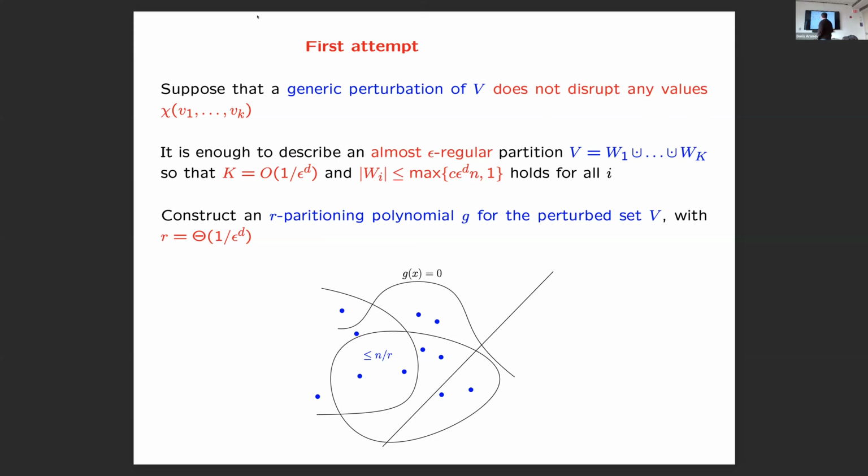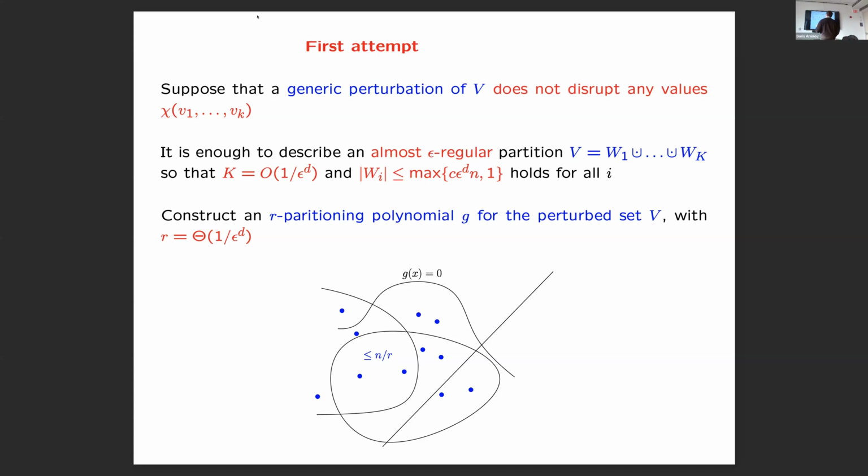So I'm going to give a sketch of the result, and after that I will show the proof. It is actually a very simple argument, and then I will show how to adapt this argument.